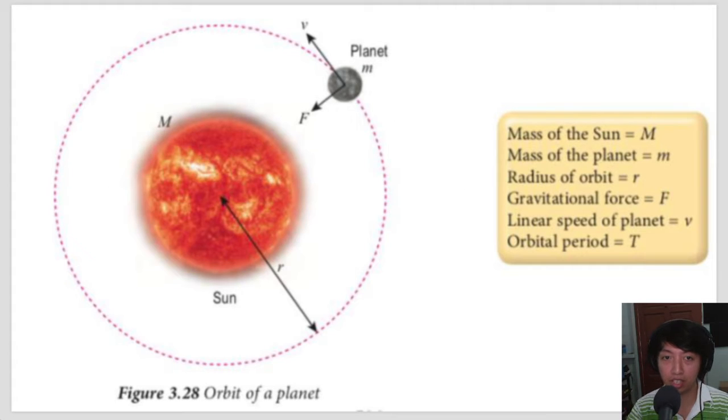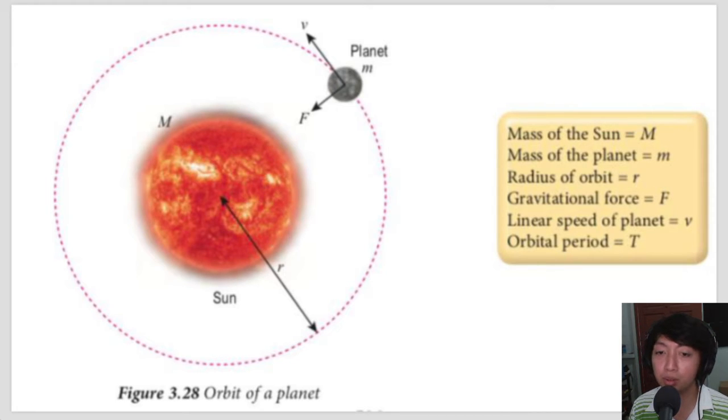So let's say we have this information. We have the mass of the sun, we have the mass of the planet. Remember, we use the mass to determine the gravitational pull. We have the radius, the distance. We also have the velocity, because we need the velocity when calculating centripetal force.